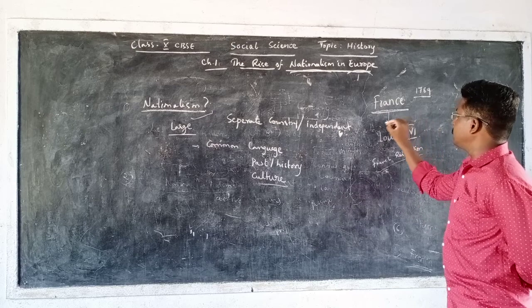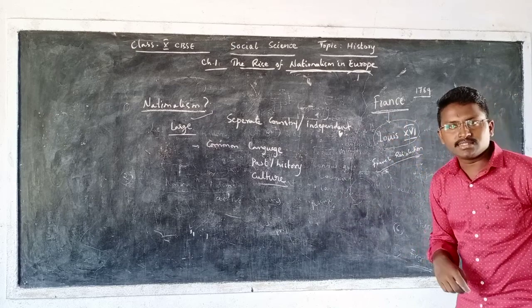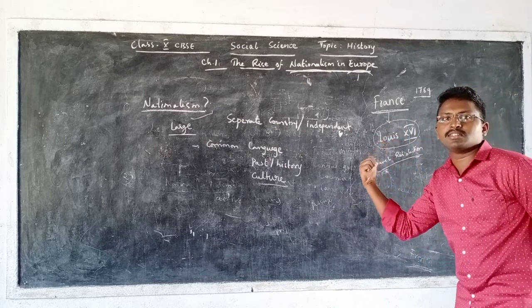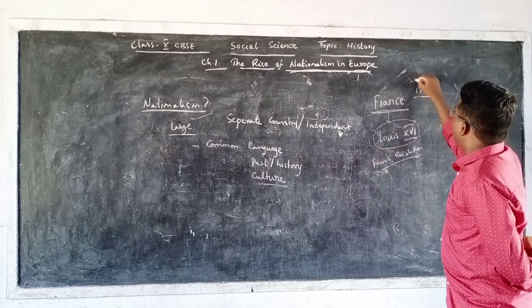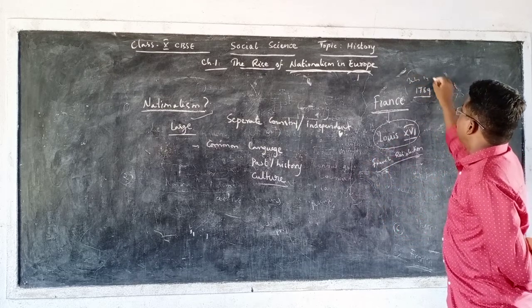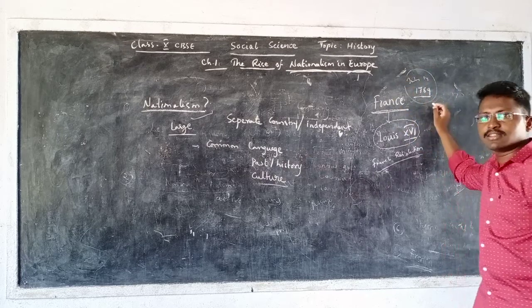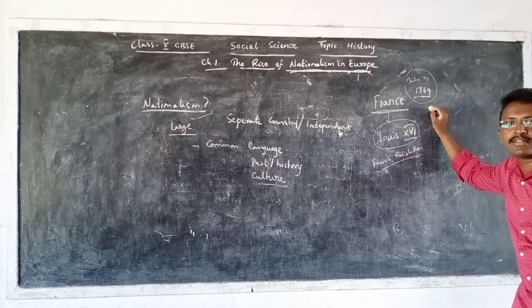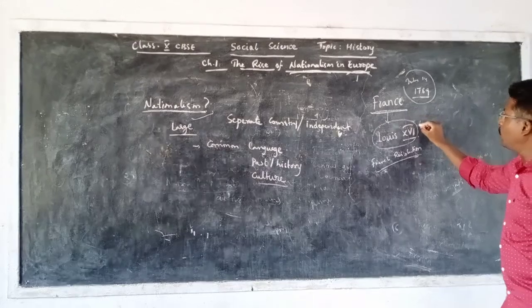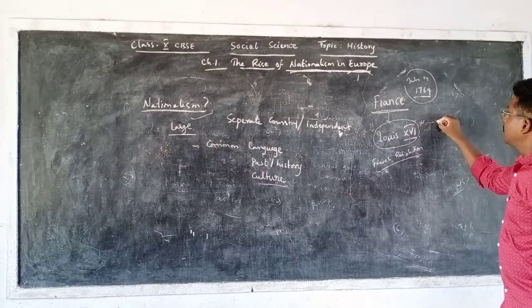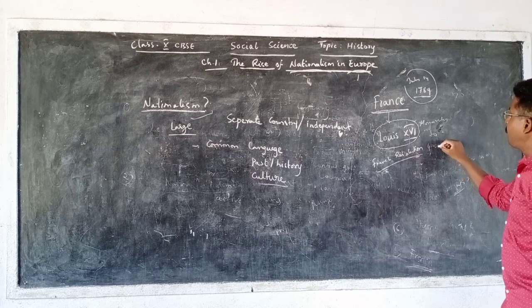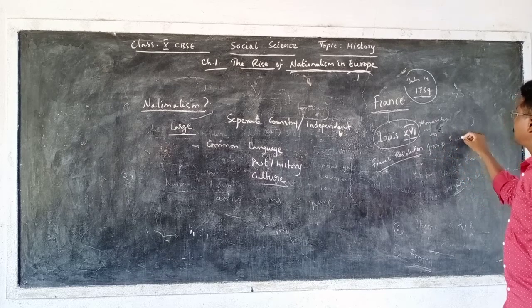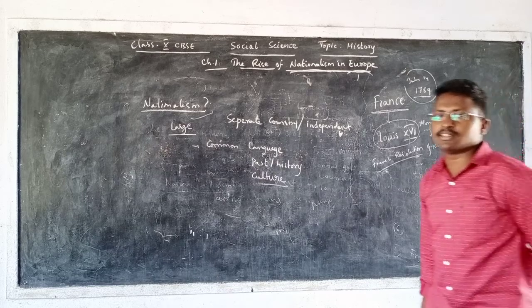Louis XVI was defeated by a group of French citizens, and you know why he was defeated. Soon after his defeat, on July 14th, the French Revolution emerged, and the power was transferred from monarchy, from the king, to a group of French citizens.